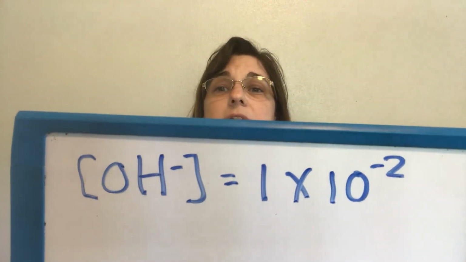And so if I tell you the value of a pOH concentration, if I say that the concentration of the hydroxide ion is like 1 times 10 to the negative 2, then I can figure out the pOH. And it's the same way. If it's 1 times 10 to the negative 2, the pOH is going to be 2.